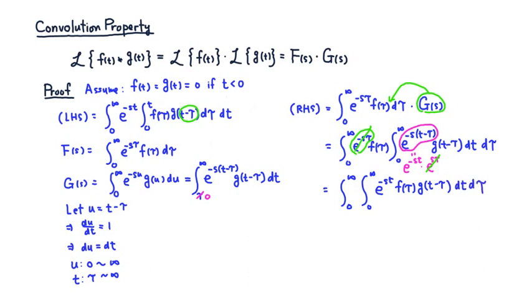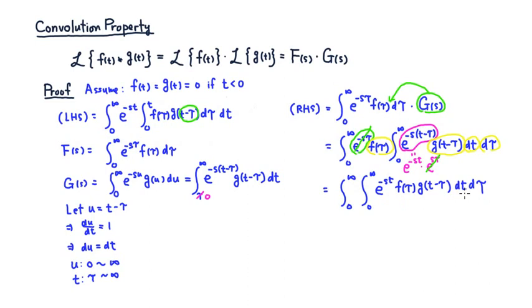So make sure that we covered everything: we put f of tau here, and then you have g of t minus tau, and we have dt and d tau. It looks like we have everything here.